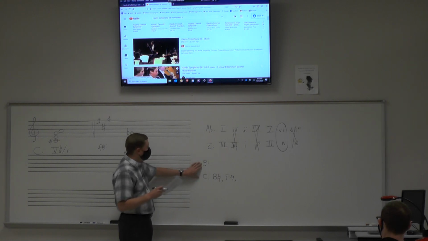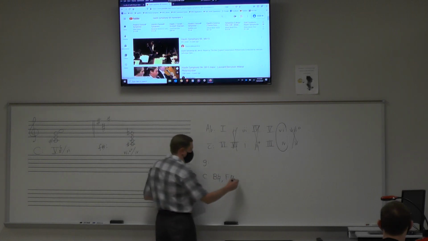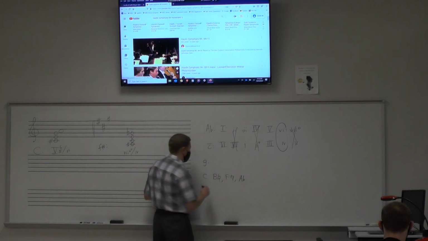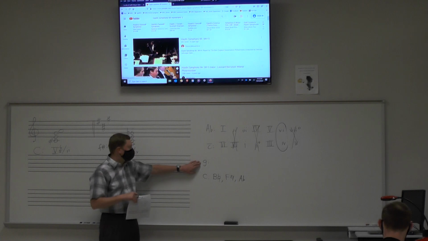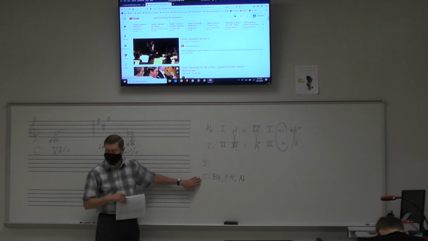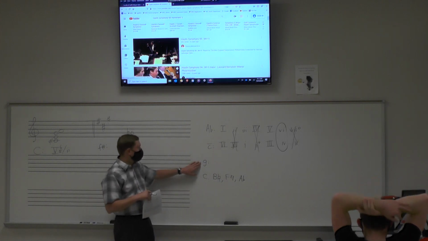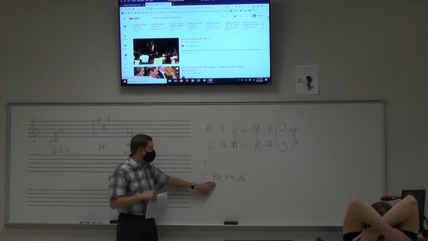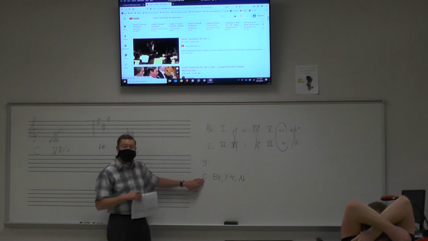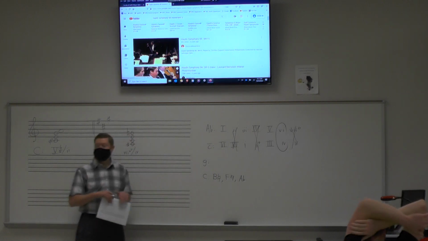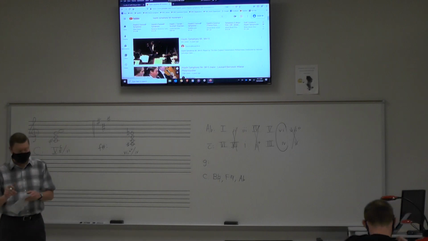The difference between the two key signatures is A flat in this key. That's what I meant to say. G minor doesn't have A flat in its key signature, but C minor does. F natural we get because of the absence of the raised 7th in the old key, and B natural we get because that is the raised 7th of the new key. So those would be the three signal pitches.